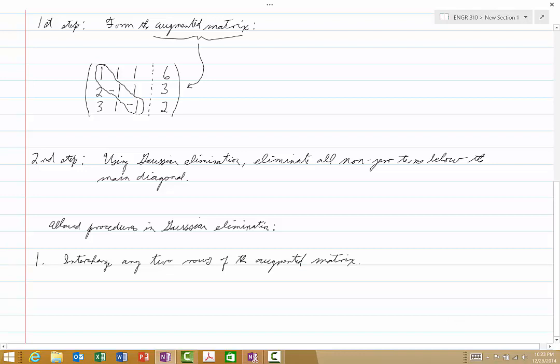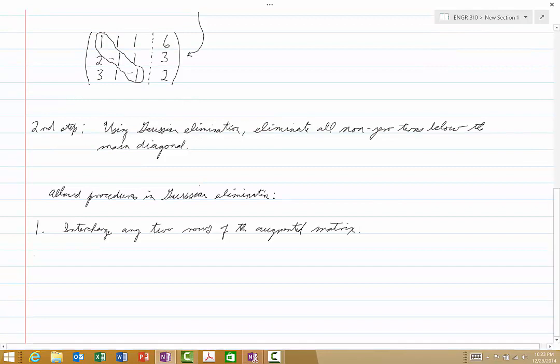In other words, if we wished, we could interchange, for instance, the first row and the second row, or the first row and the third row, or the second and the third, the second and the first. Any one of those exchanges would be fine.